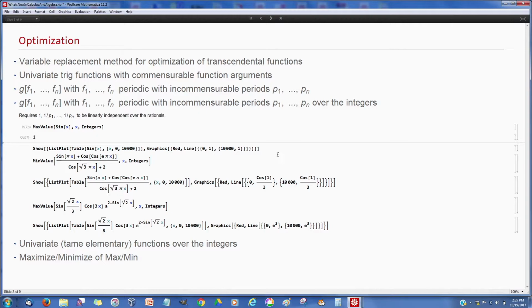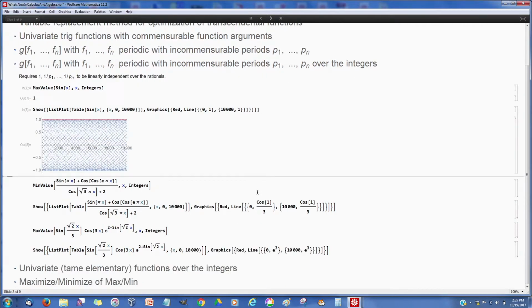So the max value of sine, that's easy. It's sine over the integers, so it's just sine of integer values, and the max value is 1, the min value is -1. That's the theorem. They never quite reach plus and minus 1, but the infimum and supremum are the same as if it was a continuous function.